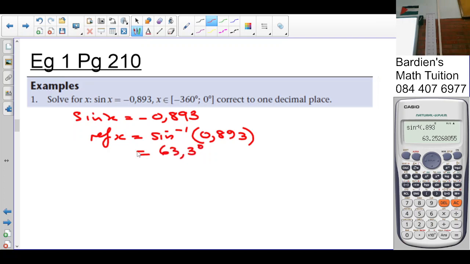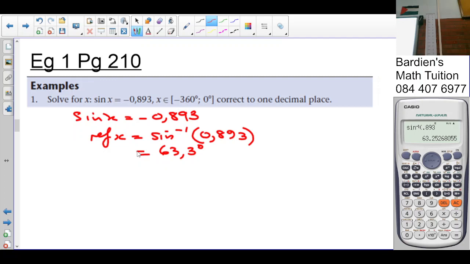Why do you think I said that it's a reference angle? Because that is not your only angle at times, and at times it is not your angle. It is the acute representation of that angle, which means the reference angle is an angle between 0 and 90.